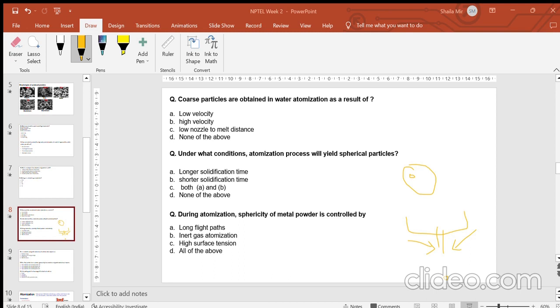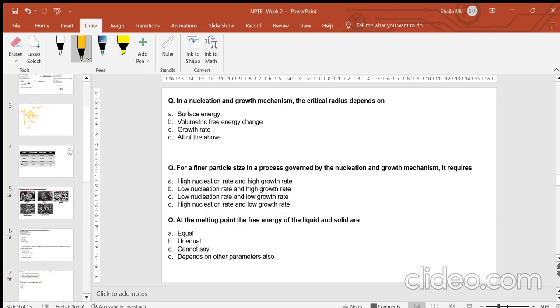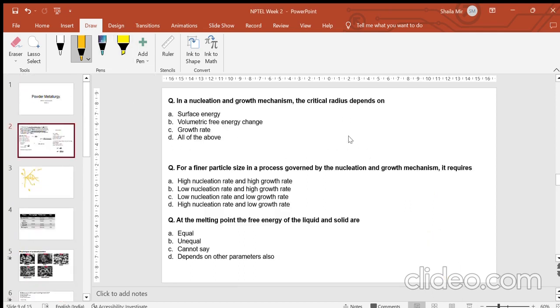Can anybody tell what is the right answer based on the critical radius formula that you used for solving the numerical? A surface energy only, I think. Mm, see, what was the formula for your critical radius? I'll just copy it here.